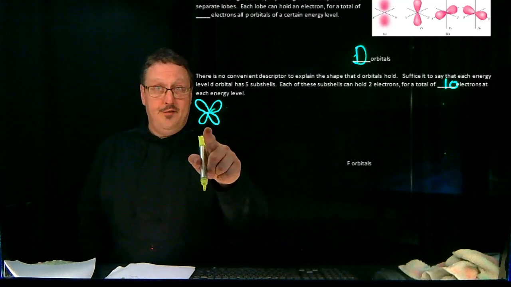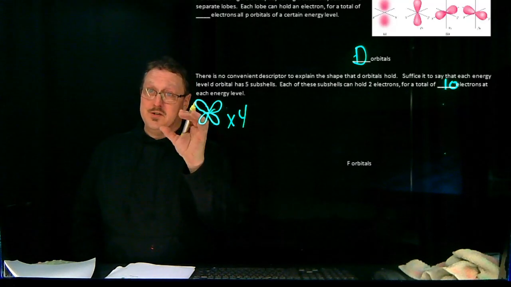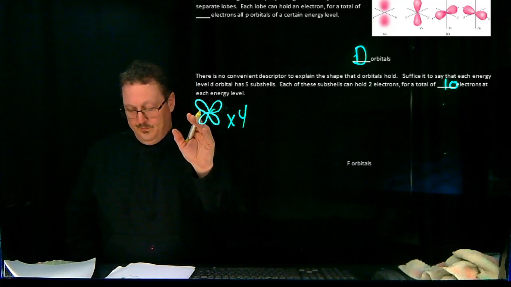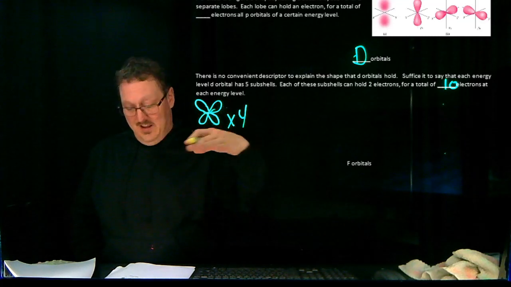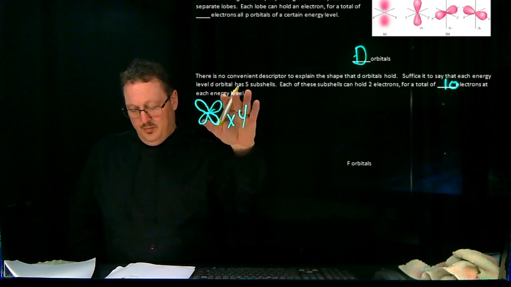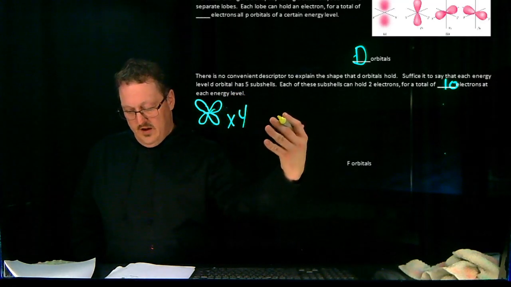Now there's 4 that look like this. They're just rotated in alternate directions. Okay, so there'd be one in the plane of the y-axis, there'd be one in the plane of the x-axis, there'd be one in the plane of the x, y, the z-axis.